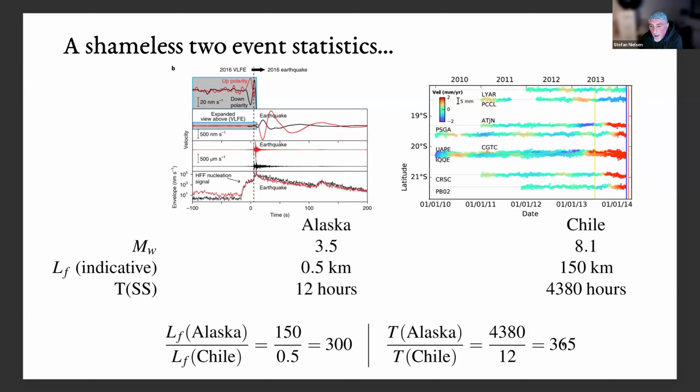So bingo. Of course, you're going to shout at me for proving a model just with two events in the catalog. But it's just to show the idea that the duration of the breakout phase or the nucleation size should scale somehow with the final size of the fault, which controls the magnitude.